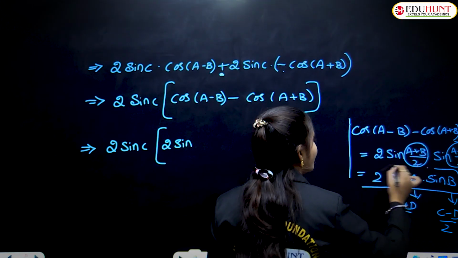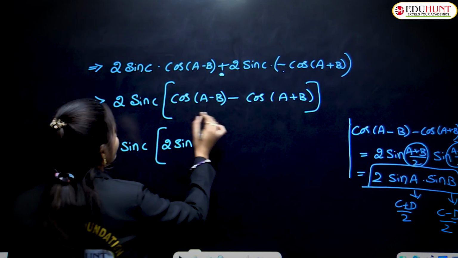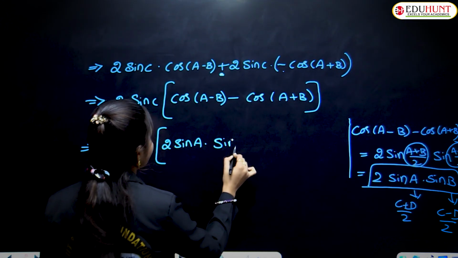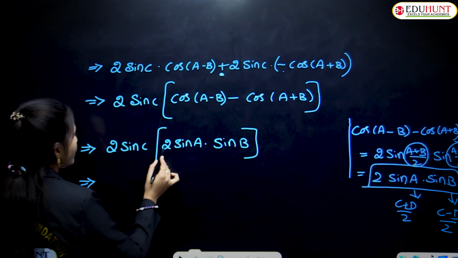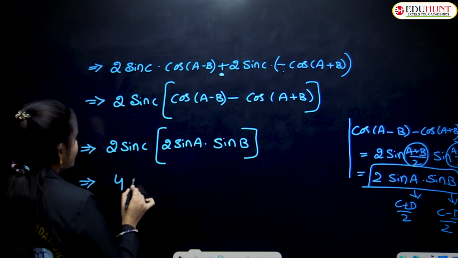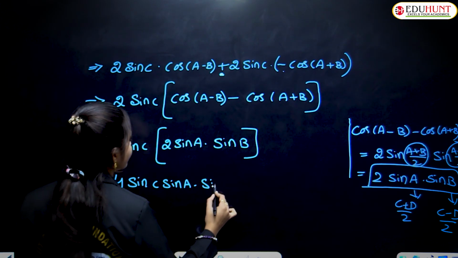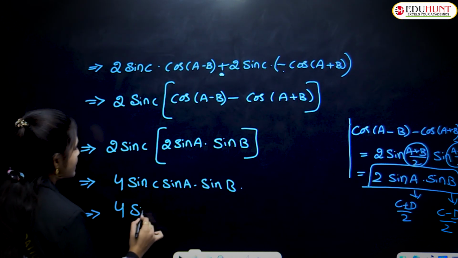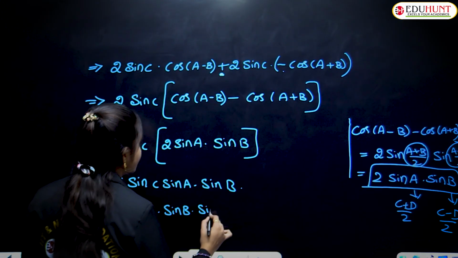So actually the formula is 2 sine a sine b. So from this one 2 into 2 is equal to 4 sine c sine a sine b. So in order we can write that, that is 4 sine a sine b into sine c.